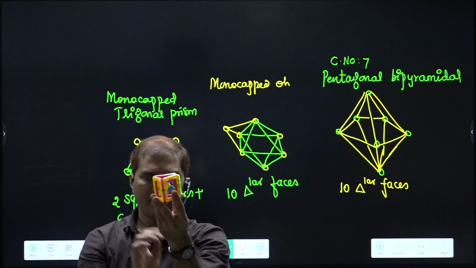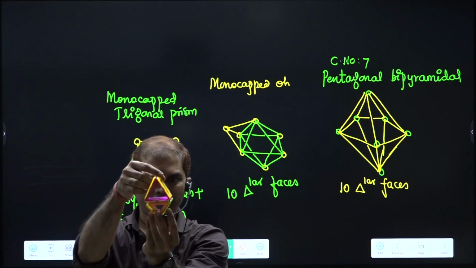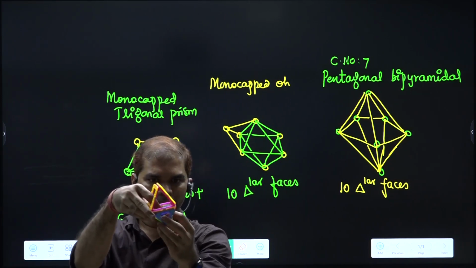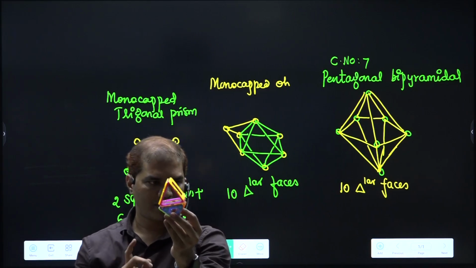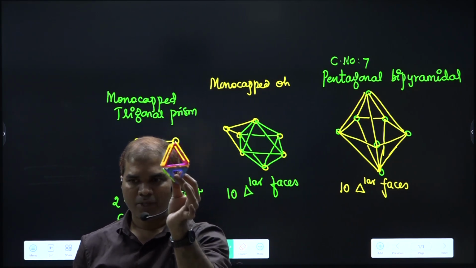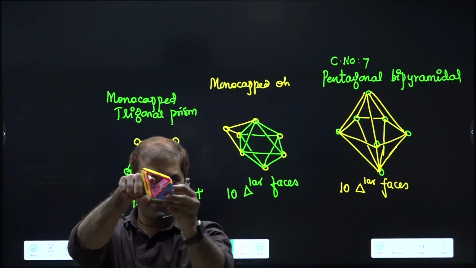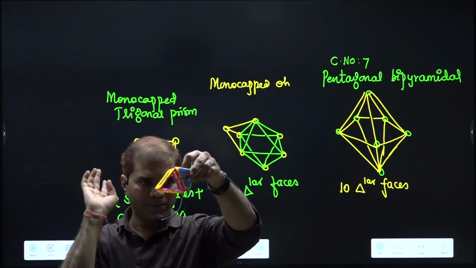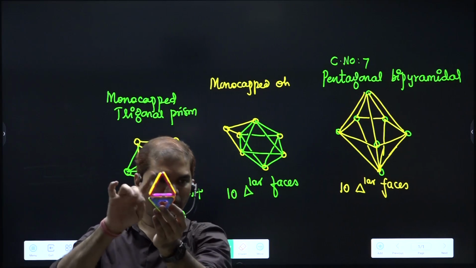Or if I am keeping it away, what is the point group of this? Anyone? If it was a simple trigonal prism, it belongs to D3h. What is the point group of this? I cannot rotate by 120 degrees. Those who are aware of symmetry, once you go through the elements, you will easily understand.